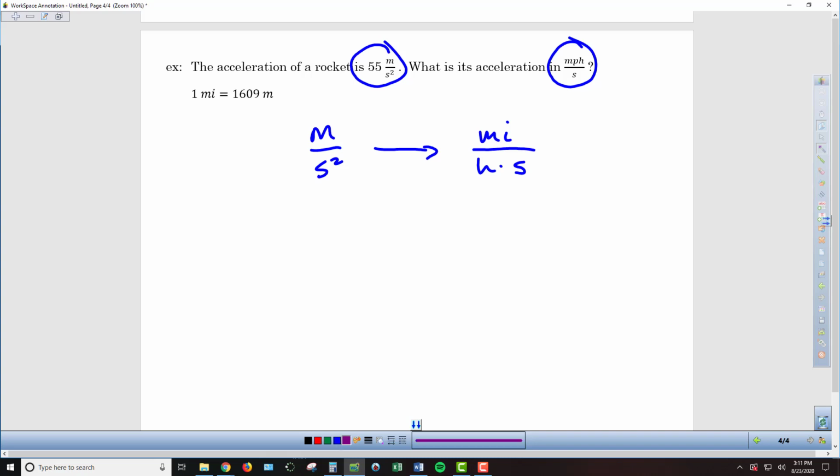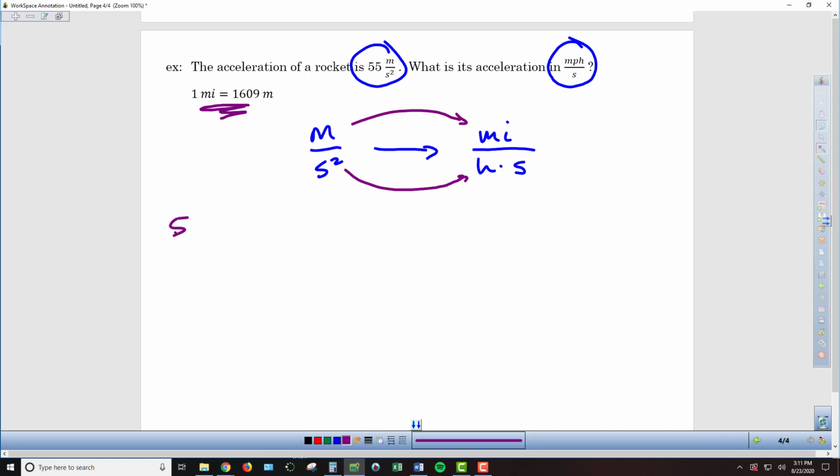We need the meters in the numerator to turn into miles, and for that purpose we've got the unit conversion that's given to us here. And then in the denominator, we need one of the 2 seconds to be converted into hours, while the other stays in seconds. Those will be the two conversions that we'll undergo here.